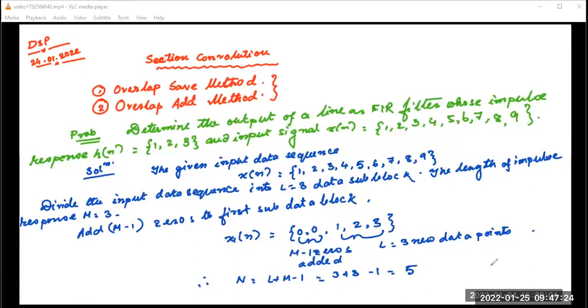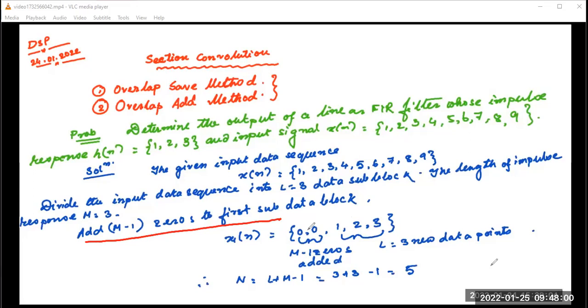You can see last day, in the overlap save method, we took 3 data subblocks, and we added m minus 1 zeros in the first subblock, that means before the data blocks we add 2 zeros.